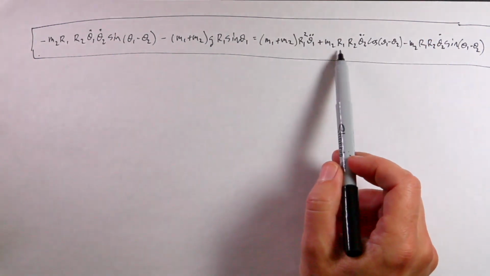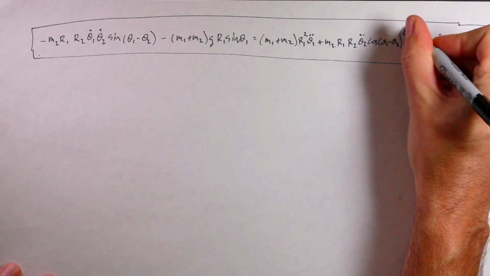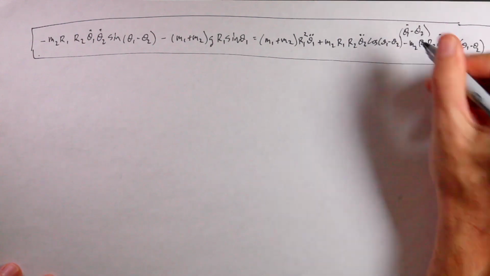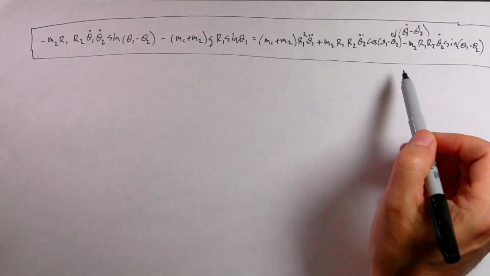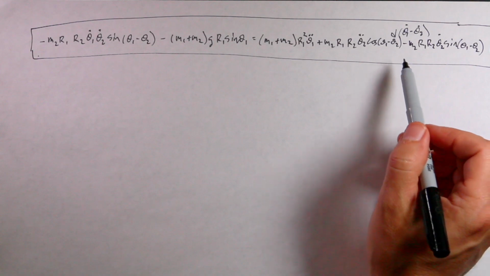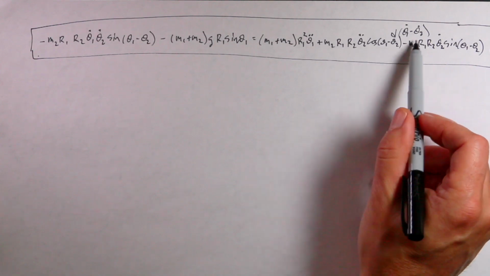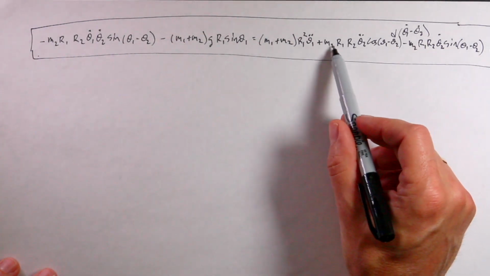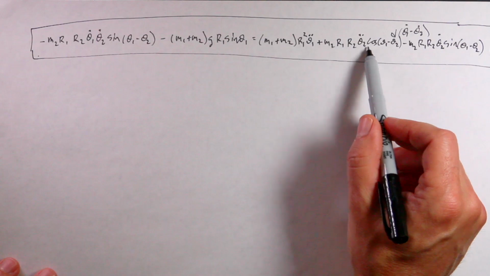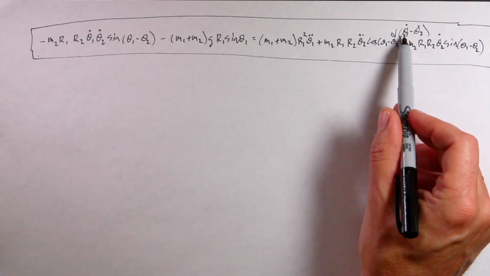This should have a theta 1 dot minus theta 2 dot attached there at the end of that, so it would have run out of room. But if I multiply out this fraction, I'm going to get M2 R1 R2 theta 2 double dot cosine theta 1 minus theta 2 theta 1 dot.